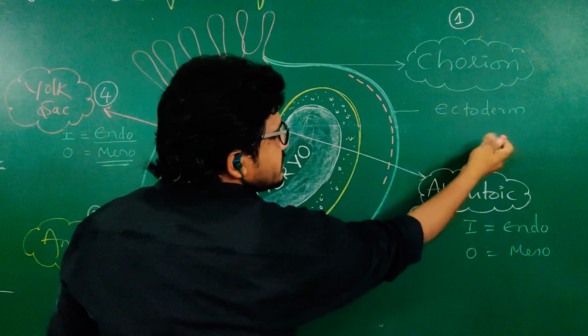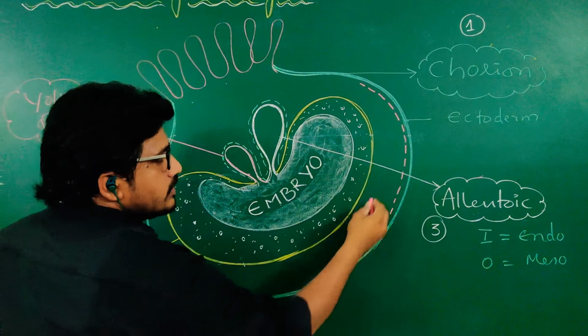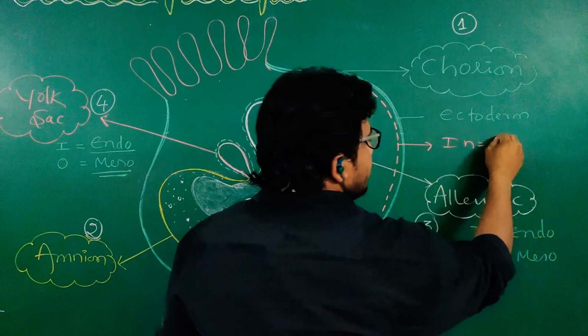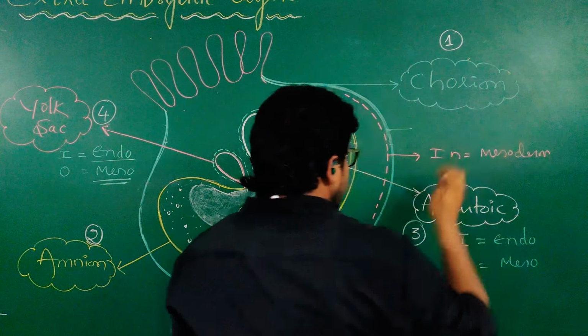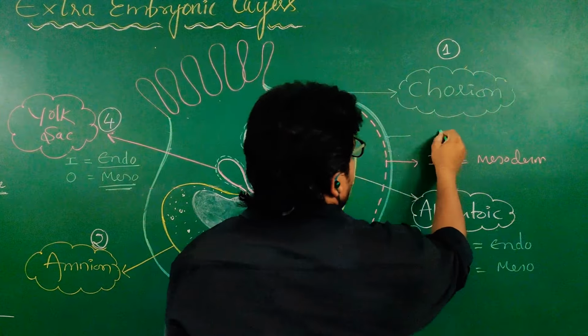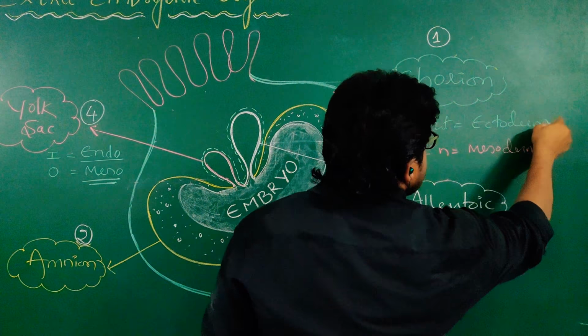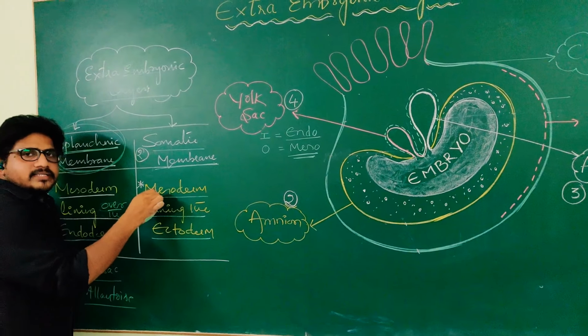Observe here, overlining is this side, dorsal side; ventral side lining means this is inside. Inside is the mesoderm. Outside is ectoderm. So, ectoderm is lined by mesoderm.